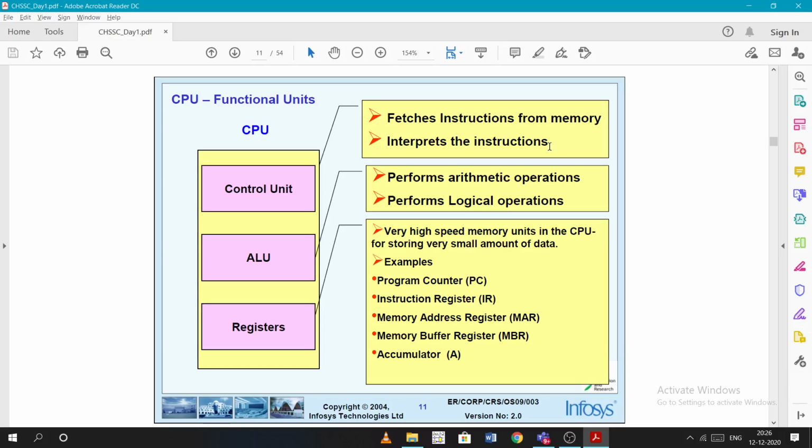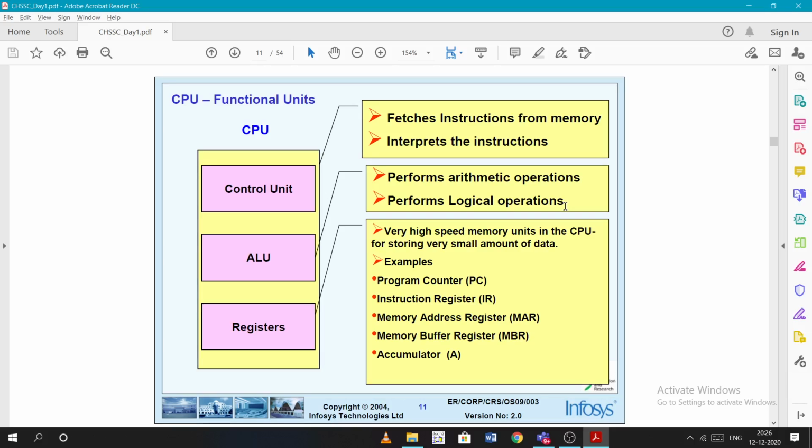The ALU performs arithmetic operations and logical operations. Arithmetic is addition, multiplication, division, and subtraction. Logical operations are comparisons, like greater than, less than. Basically they come under boolean values.